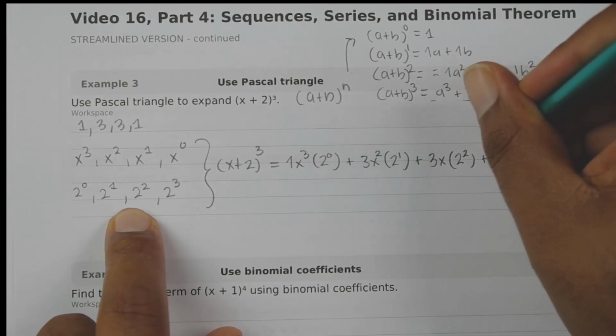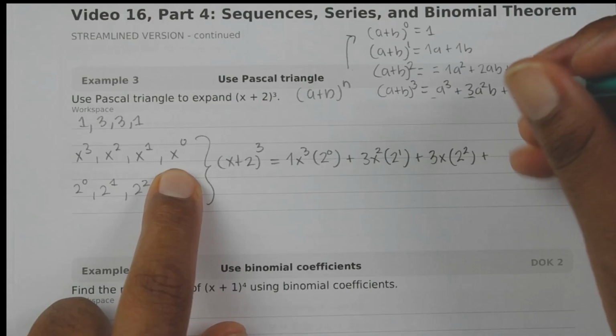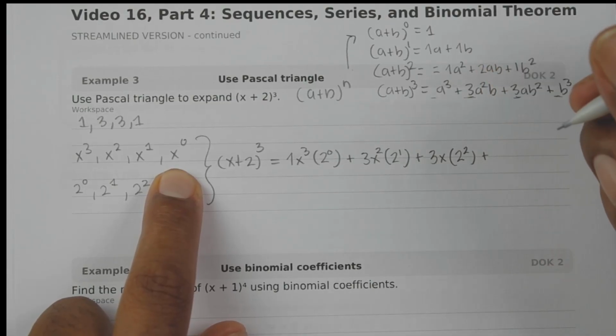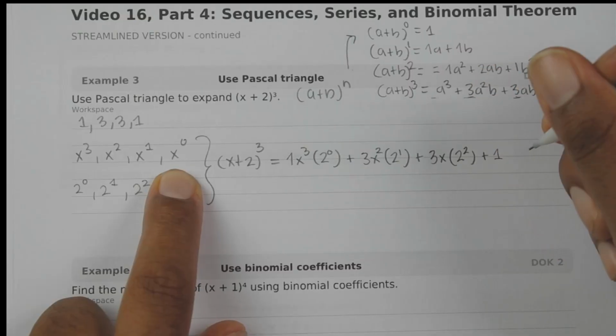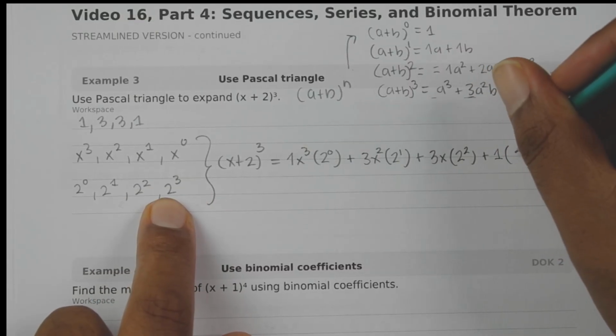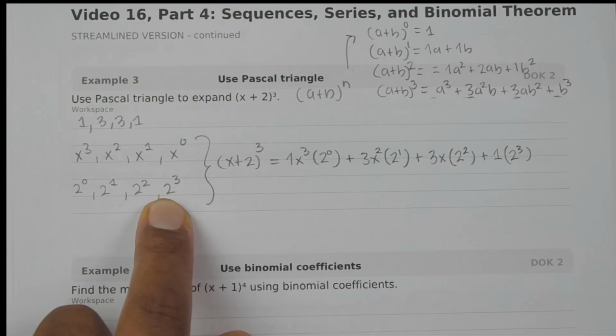And then finally 1 times x to the power of 0, which is essentially 1, multiplied by 2 cubed.